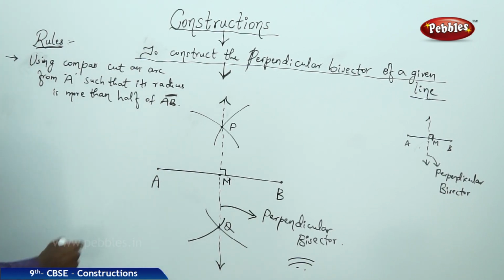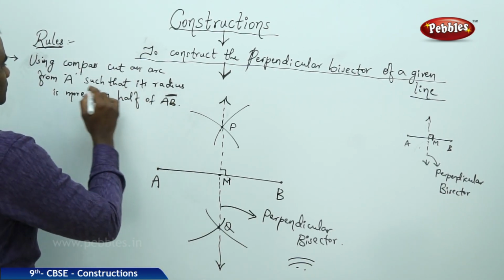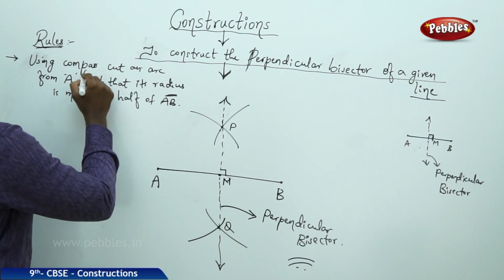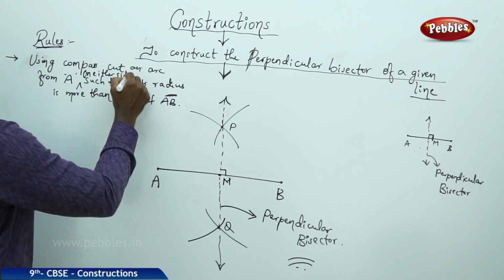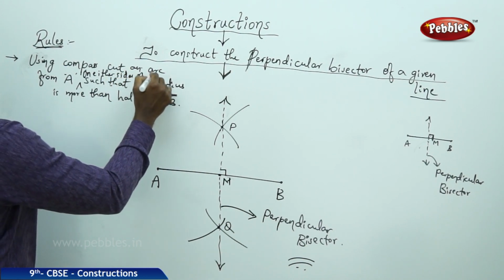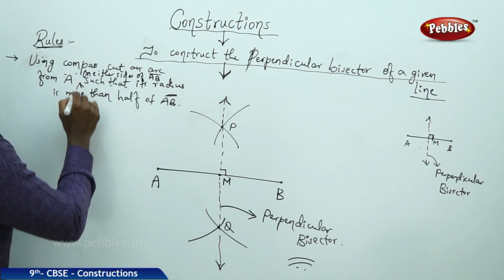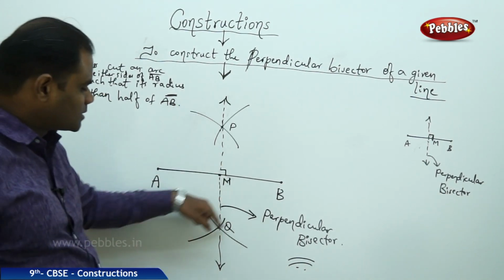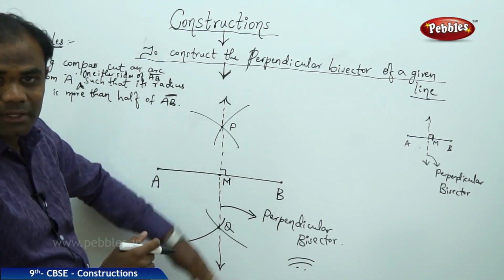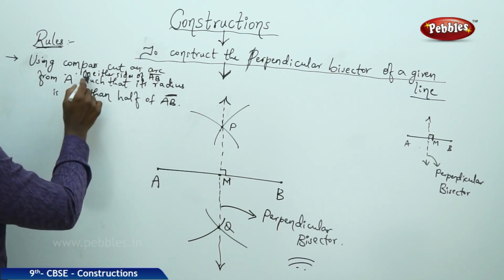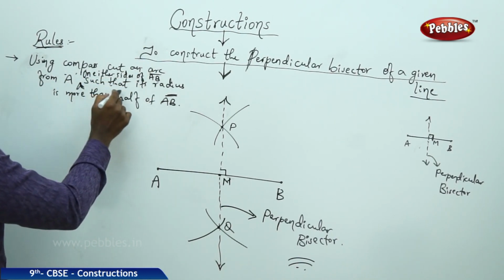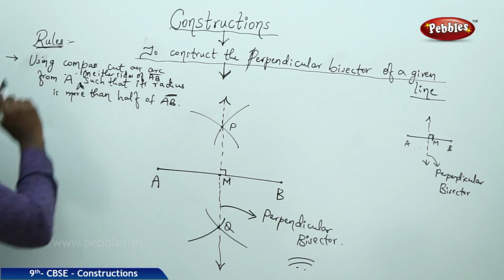Cut an arc from A on either side of AB, because we don't cut the arc only on the top but on either side of the line AB, here and here. Therefore, using the compass, cut an arc from A on either side of AB such that its radius is more than half of AB.